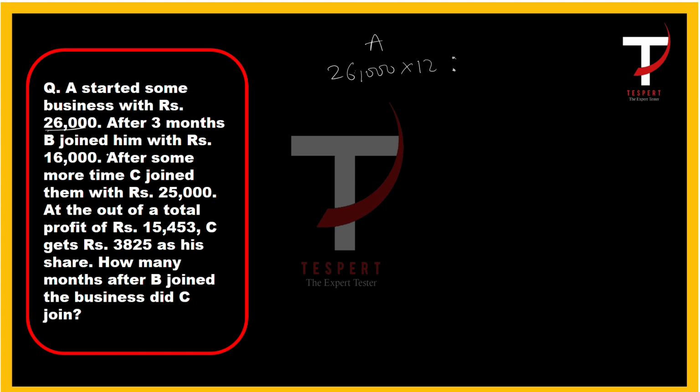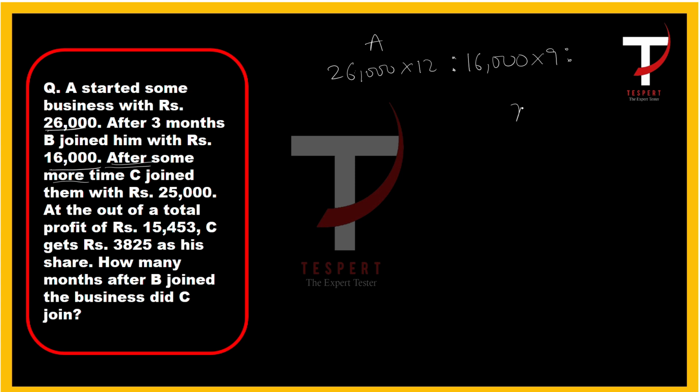So B invested for, after 3 months means for 9 months, right? So he invested 16,000 for 9 months. And what about C? We do not know after how many months he invested, right? After some time, we do not know exactly. So let it be X.